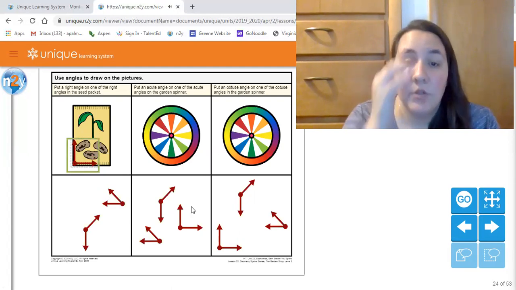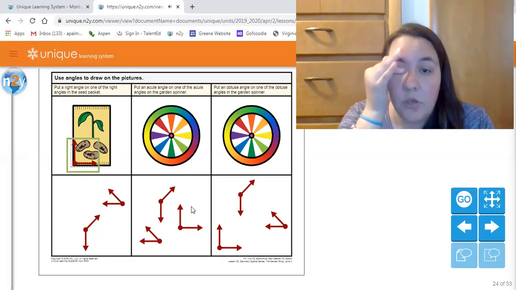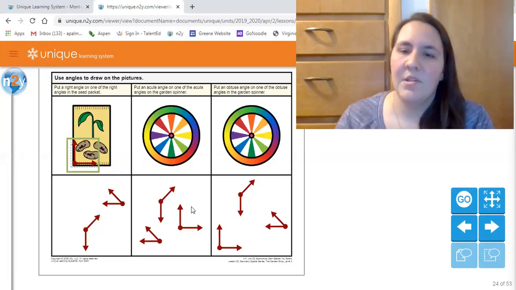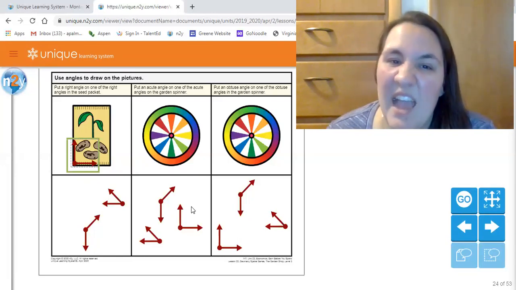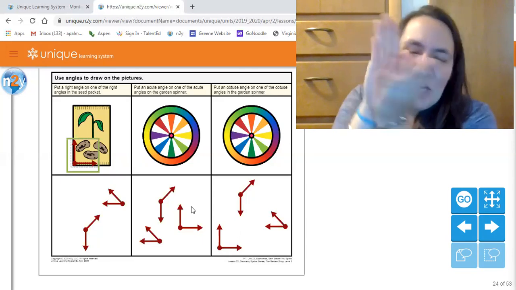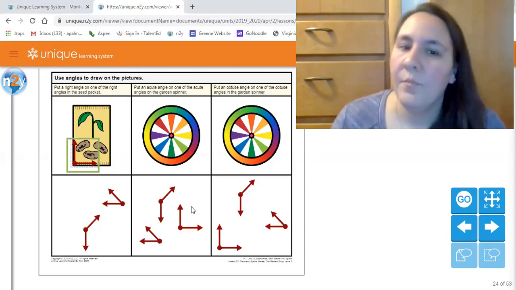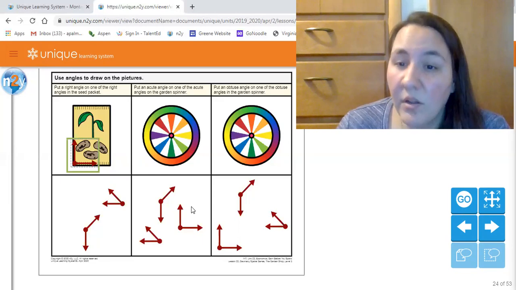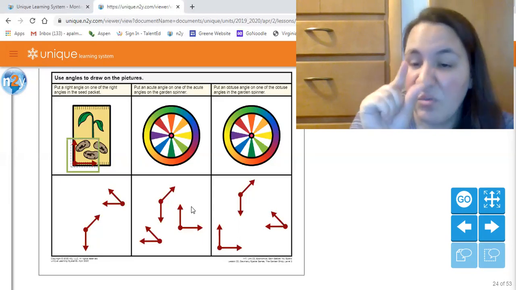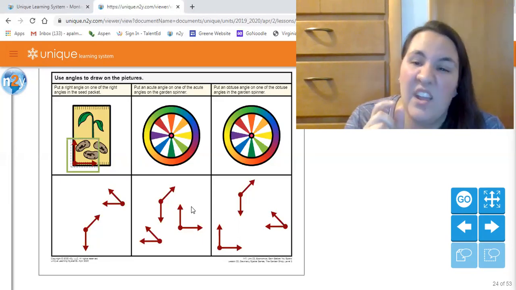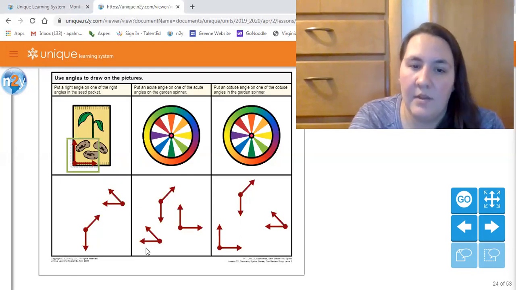All right, so for this one, we're looking for an acute angle. And remember, Miss Dailey remembers this because it sounds like the word cute. So acute little angle. Acute is the smaller than 90 angle. It's a little, acute angle. Can you find the angle that is smaller than 90 degrees and touch it with your finger? Is it this one, or this one?